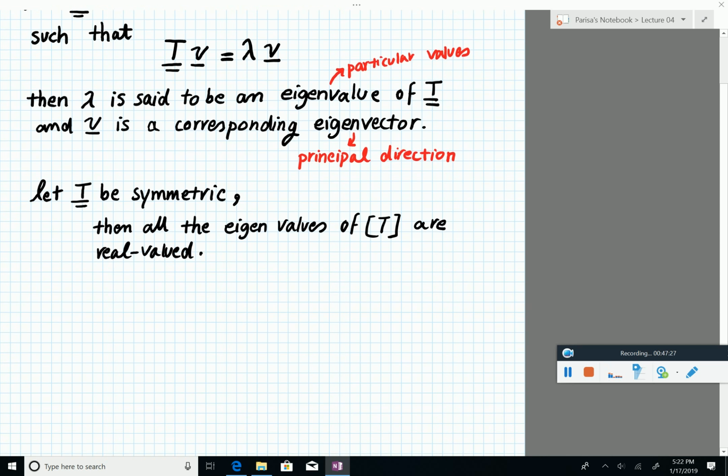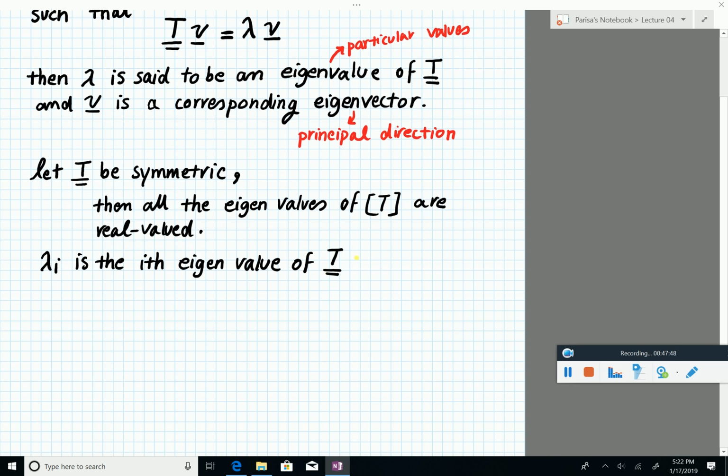And you can show that if lambda I is the ith eigenvalue of T, we can find the corresponding eigenvector such that they form an orthonormal basis. So this is kind of important.